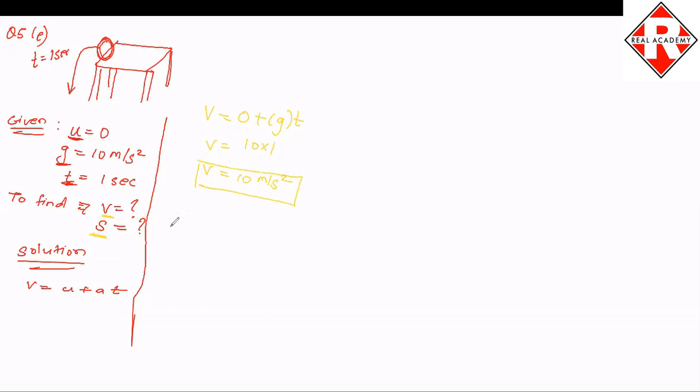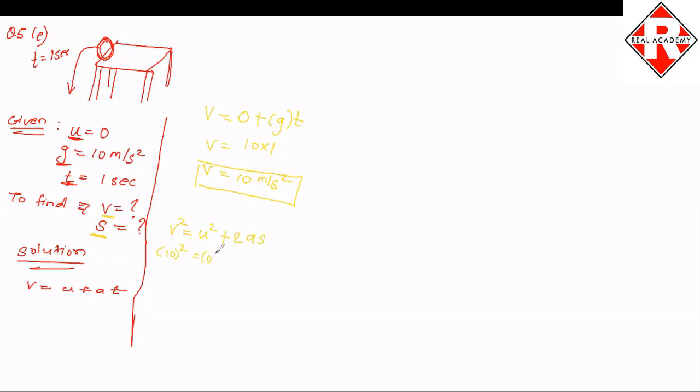You can use either of them, right? Again, when I say S, when I say height of the table, it is the same thing as saying the amount by which the ball is displaced. Correct. So in that case, I will take V square is equal to U square plus 2AS. V square is known, that is 10 square.